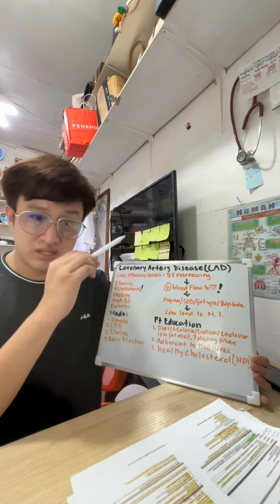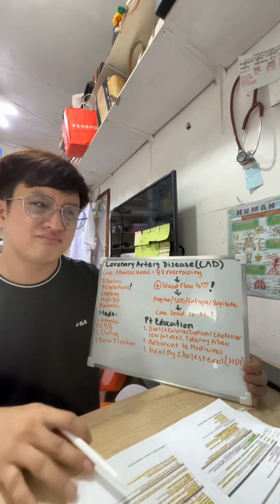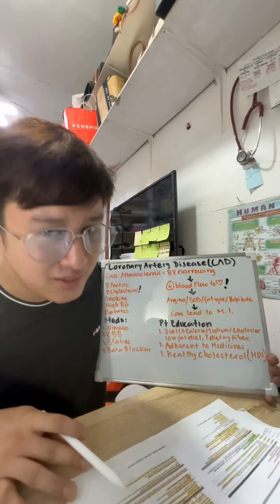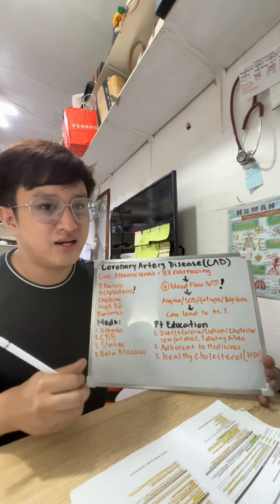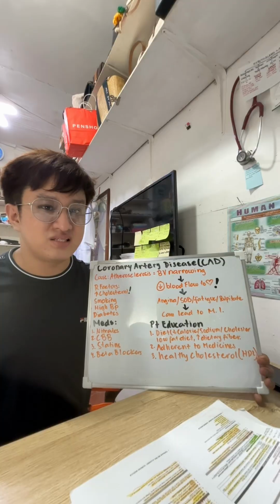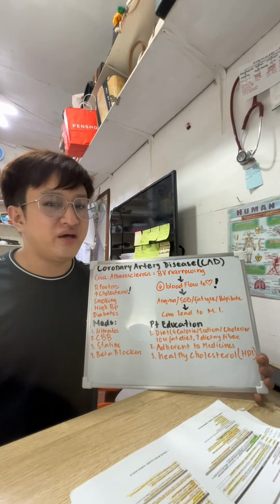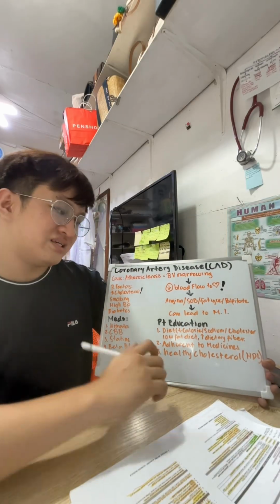So, that should be controlled. Low fat diet, and of course, increase your what? Dietary fiber. Again, HDL has protective mechanisms in the heart that allow the LDL to get out of blood vessels and go to the liver to get excreted. See, so that's it. Of course, healthy cholesterol.